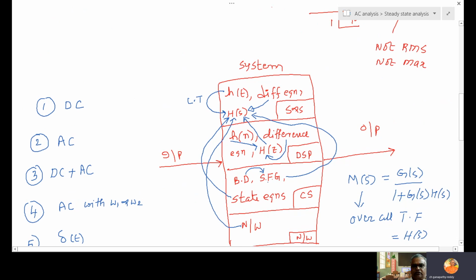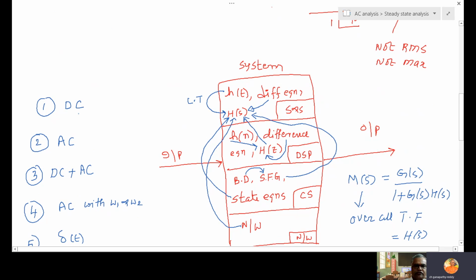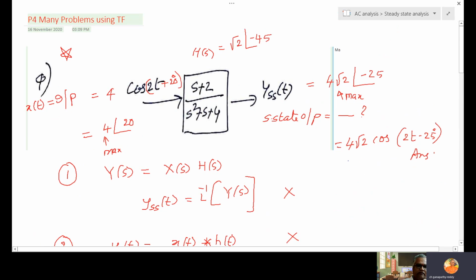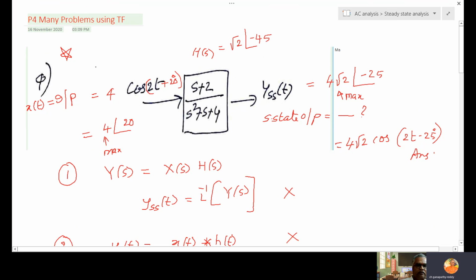So for these possibilities, how can we find the output? If the input is only DC, how do we find the output? For example, x of t is only 4. If it is only 4, what is the frequency omega? 0.